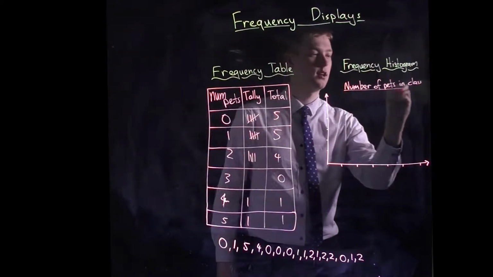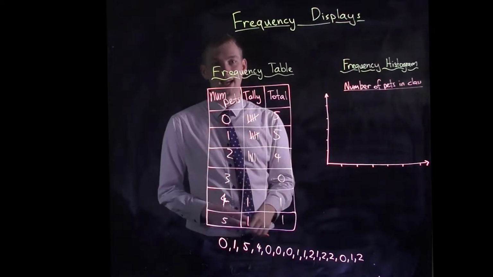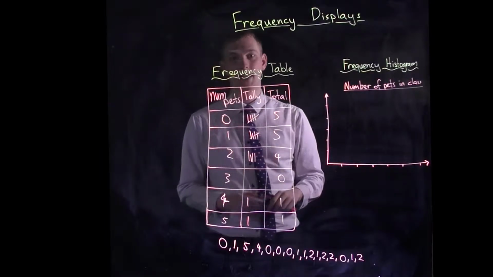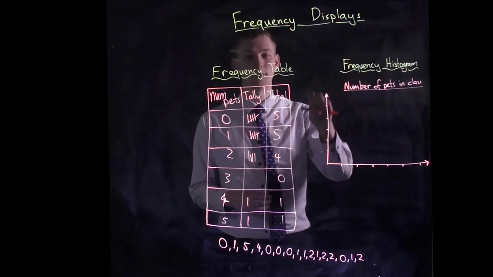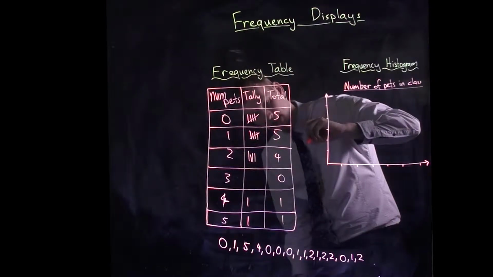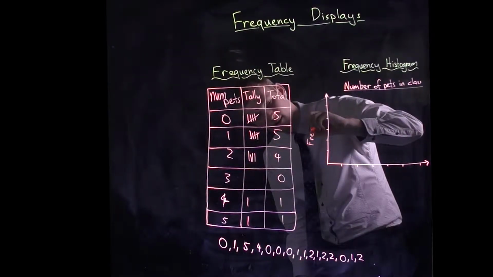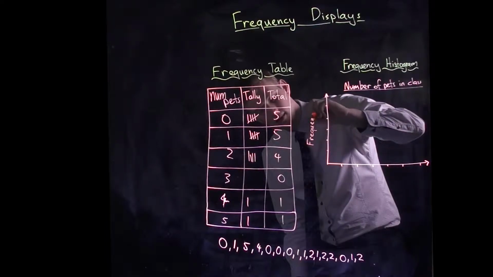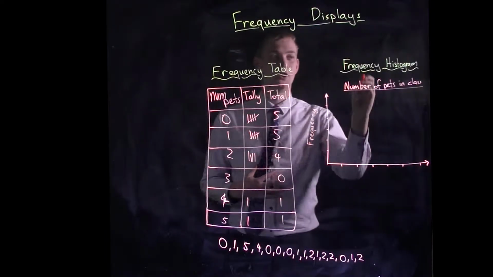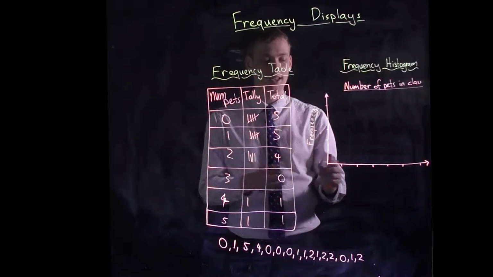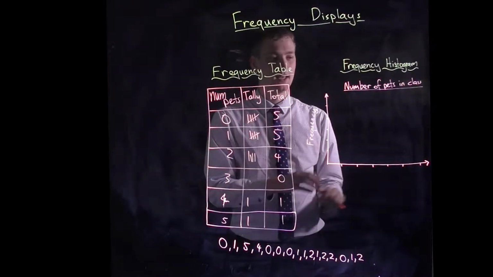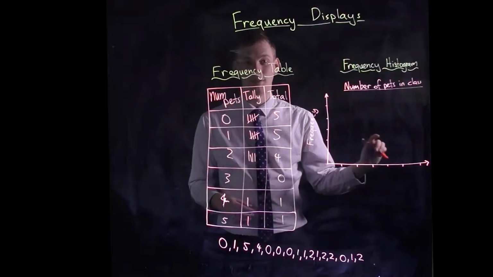So we've got our title at the top, then we want a title on each of our axes. So on this one is going to be the number of pets. So it's going to be the frequency. So we put frequency here. Note how it's called a frequency histogram, frequency table, that's what we're measuring, the frequency of each of these things happening. Down the bottom, we're going to put the number of pets.